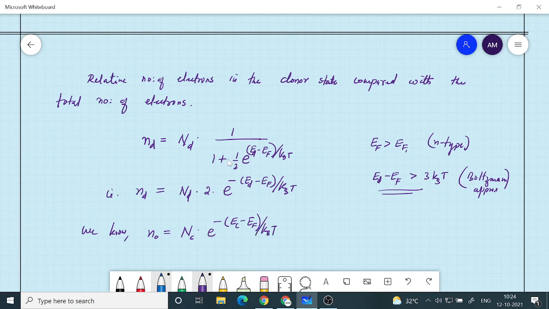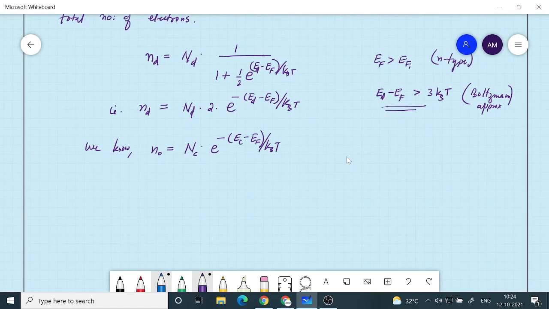So there are two expressions for N0. I am taking again the first expression. So I know Nd, this is one equation, and this is another equation, equation A and equation B. From this I will calculate the fraction. The fraction I am interested in is how much is occupied in the donor level divided by the total.